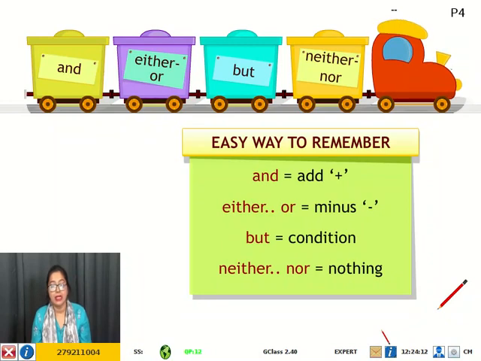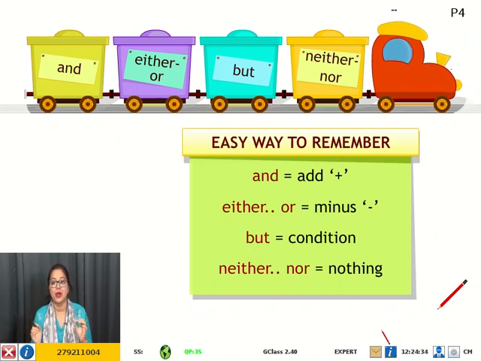Then look at the third connector, that is but. The word but we use in a sentence only when there is a condition. When there is a condition applied to a particular sentence, at that point of time, what do we use?